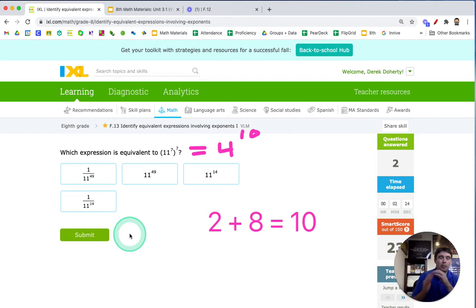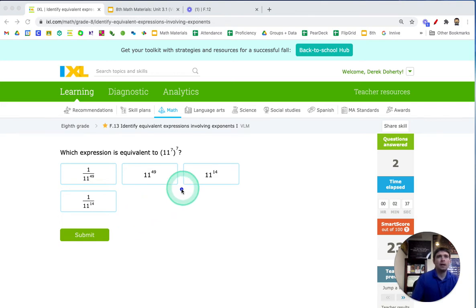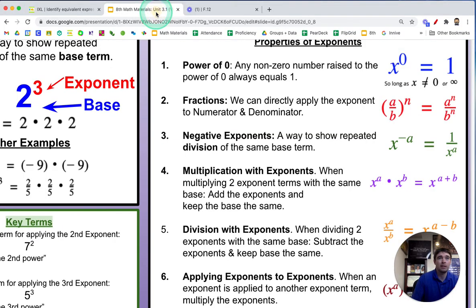Here's the next example, and again a different rule now, a different property, but we're going to be thinking about which property of exponents helps me simplify and find the answer. So pause the video, try to do this one on your own. Coming back from pausing the video and finding your answer, hopefully we see that this is the exponent to exponent rule.